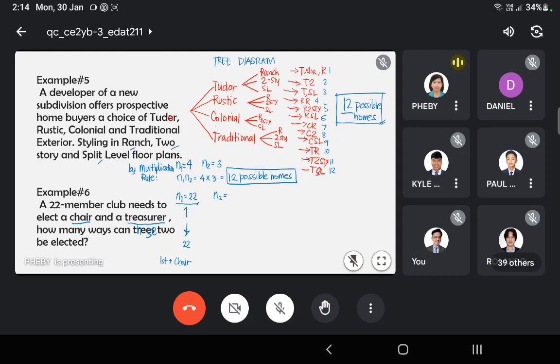So, after that, kung may nanalo ng chair, ilan na lang ang pwedeng maging treasurer? Yes? Sabi ni Daniel, 21. So, tama naman. Kasi kung nanalo si number 1, ibig sabihin, ang pwedeng manalo na lang is number 2 to 22. Kaya 21. Nakuha?